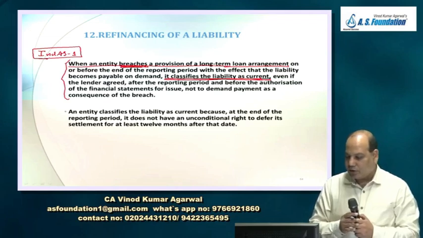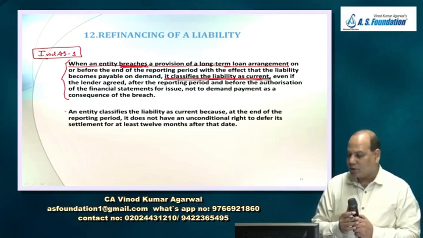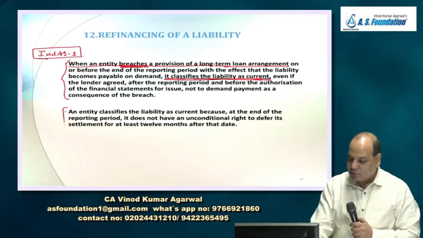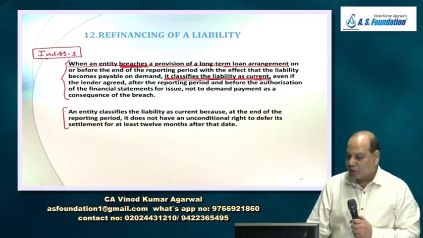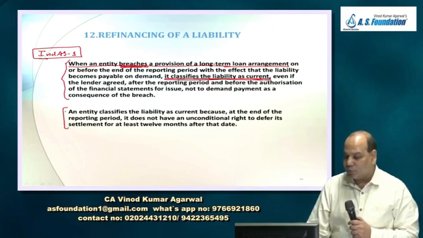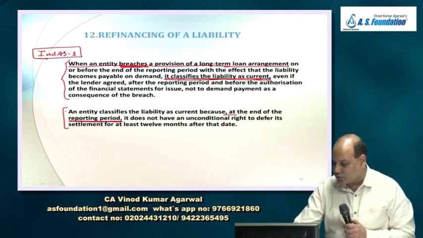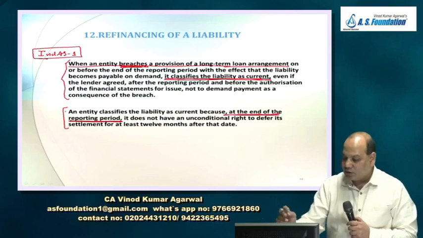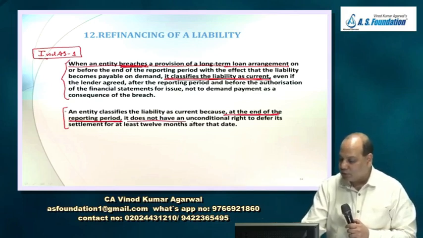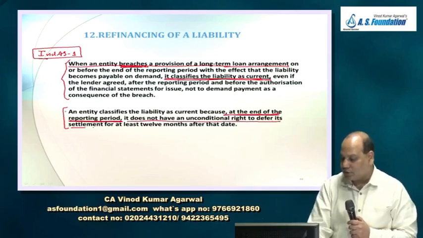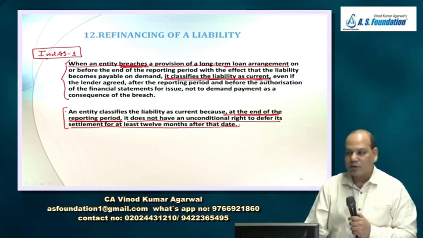Okay. An entity classifies the liability as current because, now what is the reason given by IAS 1? The entity classifies the liability as current at the end of the reporting period, when we are preparing the financial statement. On that day, this standard takes the stand that it does not have an unconditional right to defer its settlement for at least 12 months after that date.